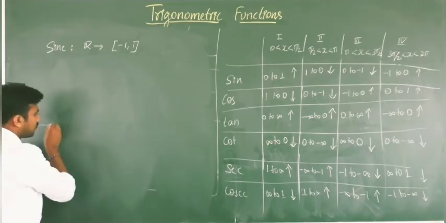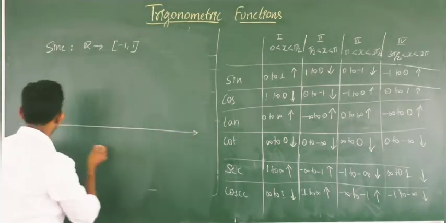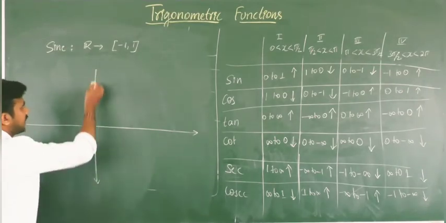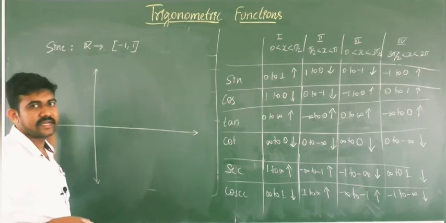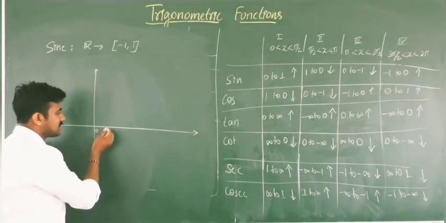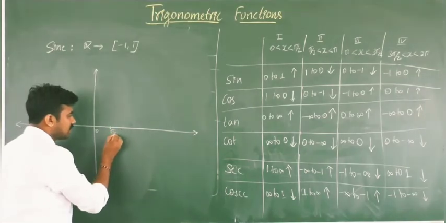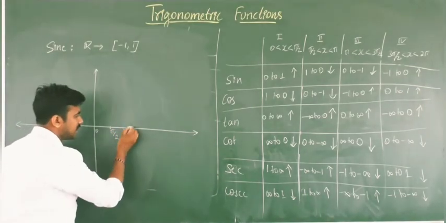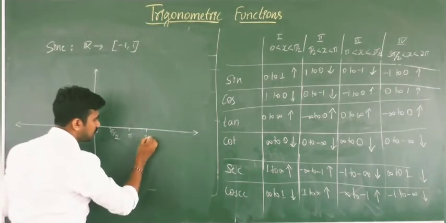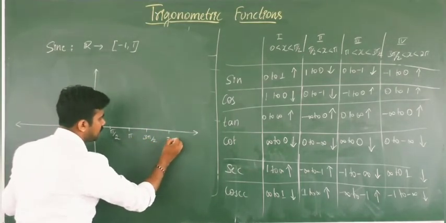To draw the graph of this function you have to take a plane such that the x-axis represents the central angle. With the quadrantal angles I will take 0, each unit with the same distance. I will take the quadrantal angles pi, 3 pi by 2, 2 pi, and it continues.